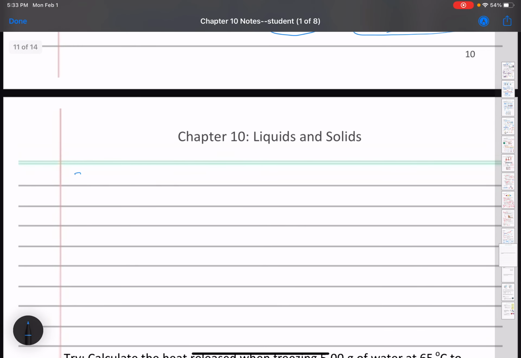Now we're going to do this step. I'm going to be scrolling back and forth a little bit here. So the third step is we now have water at 0 degrees Celsius, and we're going to heat it up to the boiling point of 100 degrees Celsius. So Q = mcΔT. The mass is still 10 grams times the specific heat of liquid water, 4.18 joules per gram degree Celsius, times our change in temperature here, which happens to be 100 degrees.